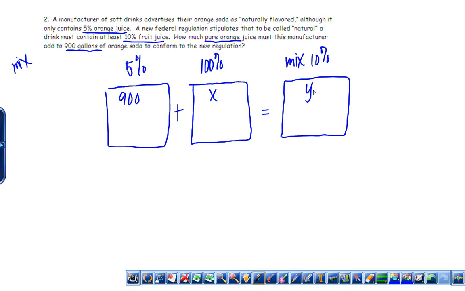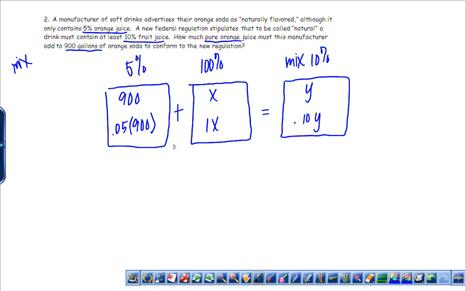This is my first equation, just a general equation to start out with. Then the next part is I'm going to add in my percentages. So I have 5% of my orange soda. Then I'm going to add my 100% orange juice, so 100% would be 1, to get my mixture here, and my mixture is 10%.